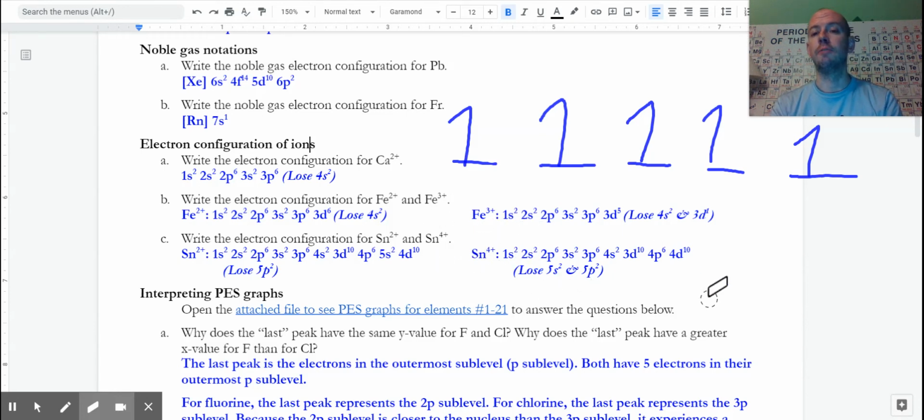When tin forms that +4, it doesn't eat into that 4d. It still takes electrons from the highest level, level 5. The equivalent up here with lead would be that we'd lose these first, then these, before we did anything with the d or f. Here on tin, we lose the 5p, we lose the 5s before anything happens to level 4.